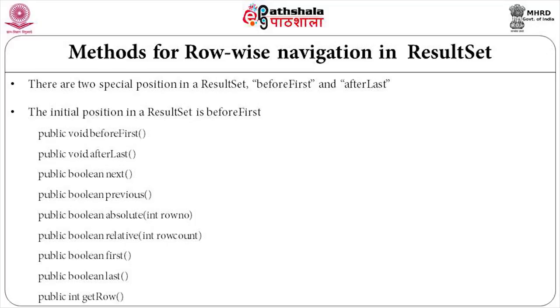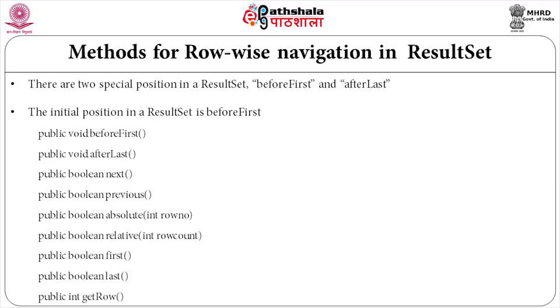We also have another method to know your current position, that is, the current row number. We don't have a method for getting the total count of how many rows I have. But what you could always do, if I want to know the row count, is use the method last to go to the last row and then use the method called getRow.